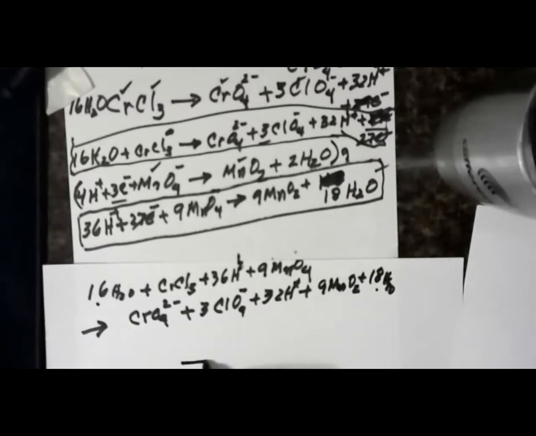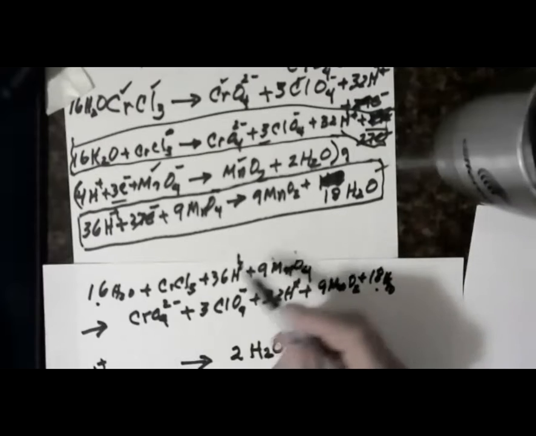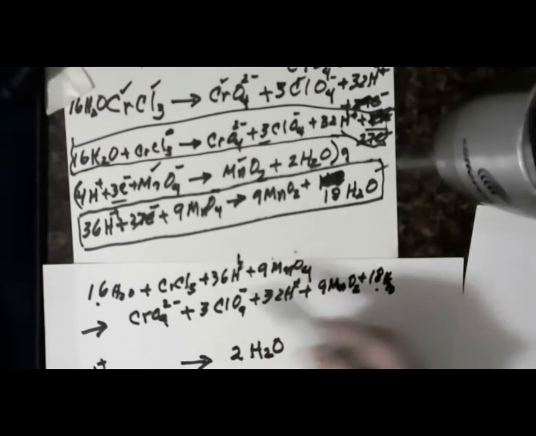That's going to leave 2 waters over here on the product side. Now I've got 36 hydrogen ions here and 32. So that's going to leave 4 hydrogen ions on this side. So now I've taken care of the hydrogen ions and the water. And now I just need to include the other stuff.